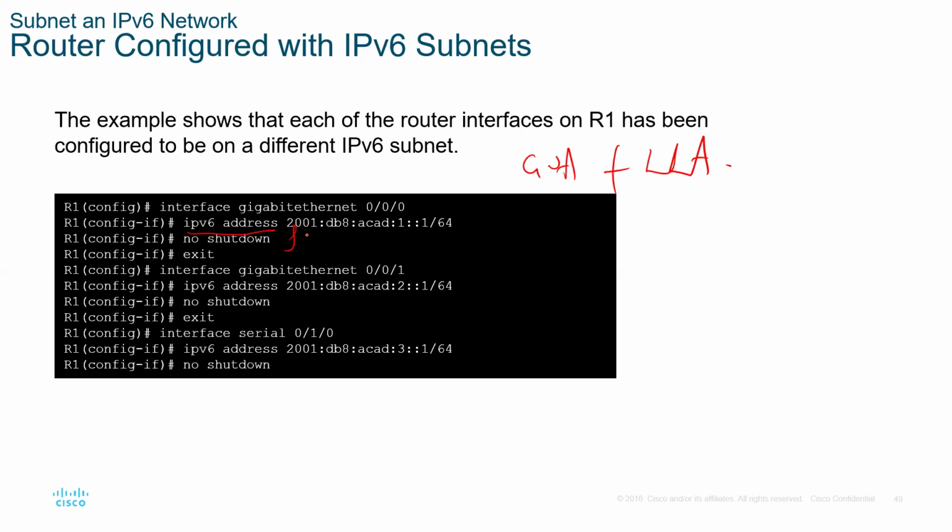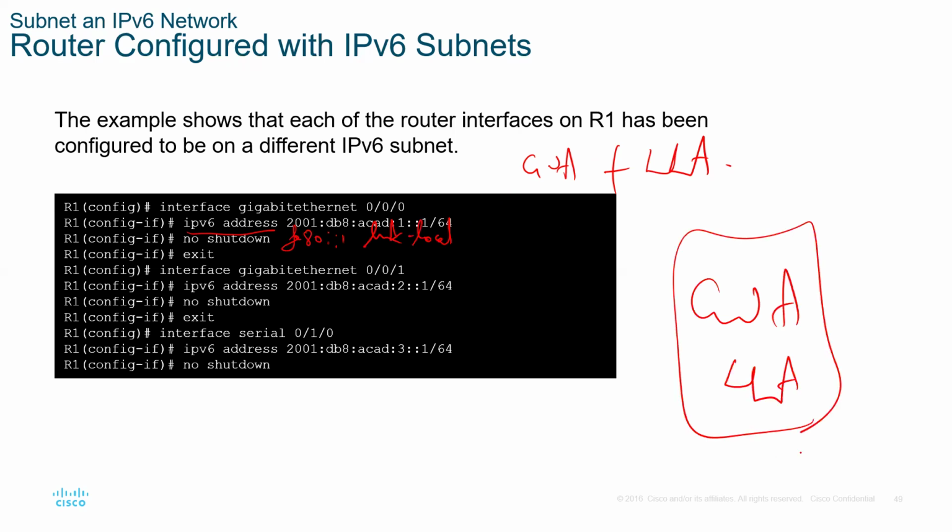The link local address is usually FE80::1 like this. Then that's how you assign the GUA, and that's how you also assign the link local address on the interface.